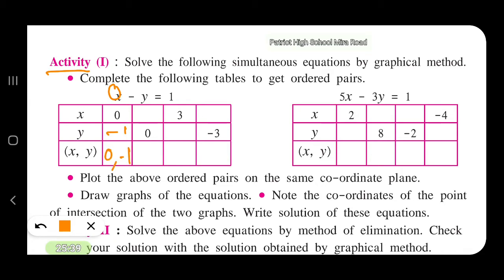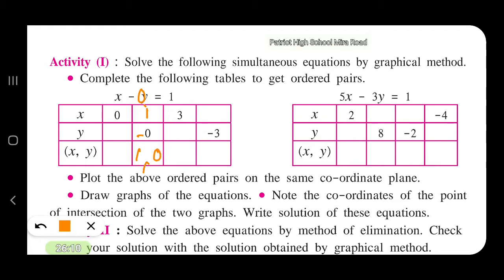First the x value will come and then the y value will come. Now if we put y is equal to 0, this will become x minus 0 is equal to 1. Therefore x will be naturally equal to 1. So the second ordered pair will be 1 and 0.